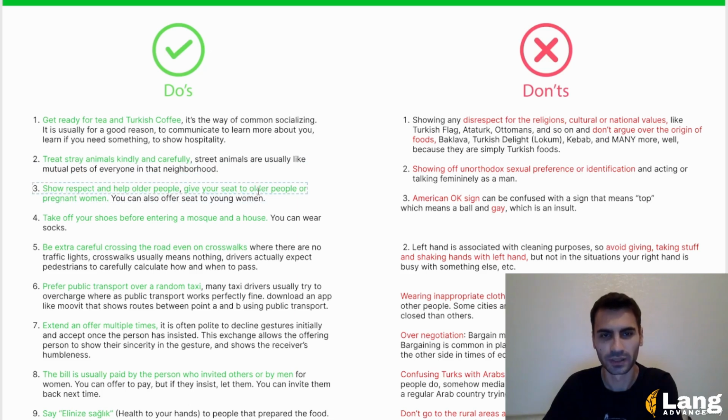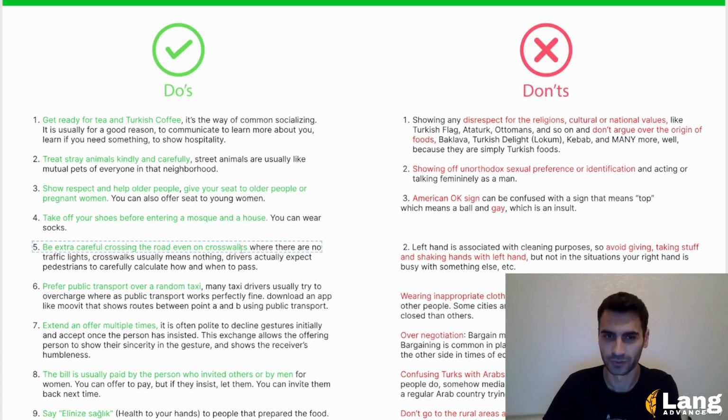Show respect and help older people. Give your seat to older people or pregnant women. It's easy to understand. You can also offer a seat to a young woman. Take off your shoes before entering a mosque. It's important. And 99% of homes, not hotels.